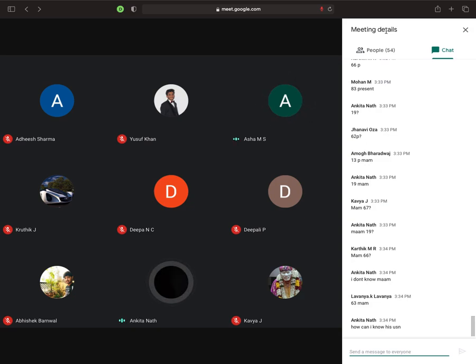Ma'am, how can I know his USN? You don't know even Ankita? Okay, at least his name will come after the name. Anyone knows? Oh, no one knows. Okay, fine. Where were you when I called your name?